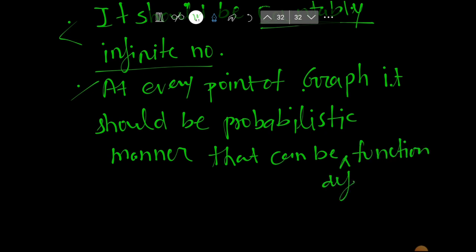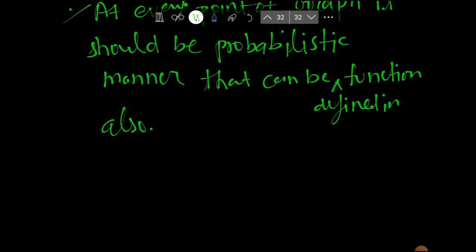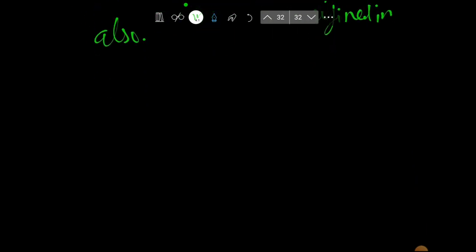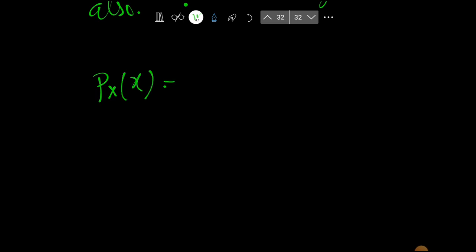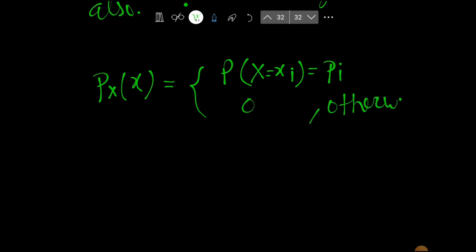This is the definition of the probability mass function. Basically, we can define it as p(x) = P(X = xi) = pi, and otherwise 0, if x is equal to xi and x is not equal to xi.